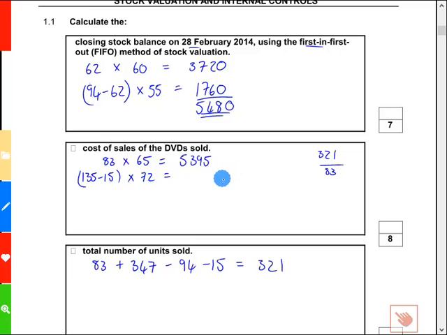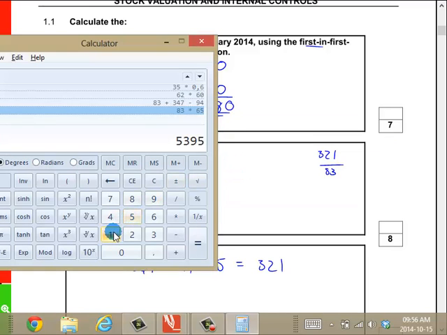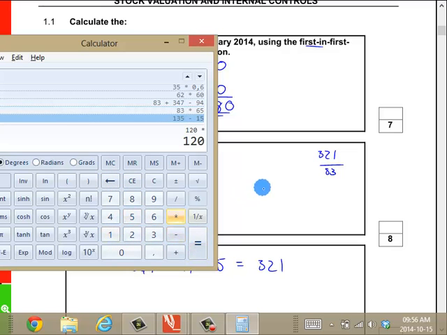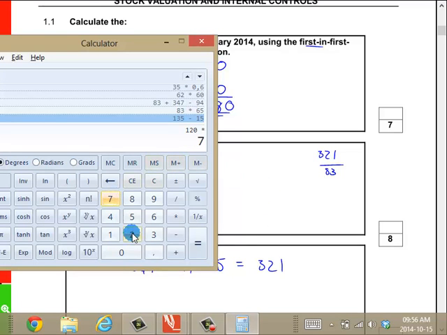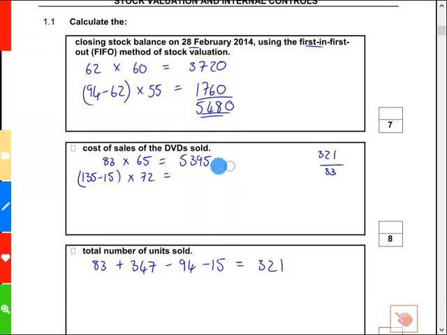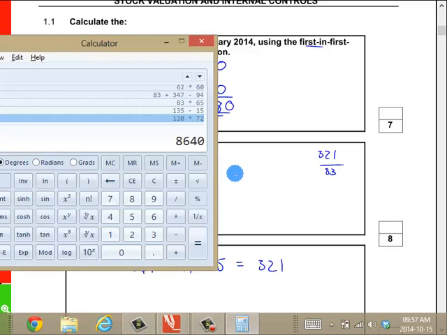Okay, so if we calculate that, we've got 135 minus 15 gives us 120 times 72. That gives me 8640.